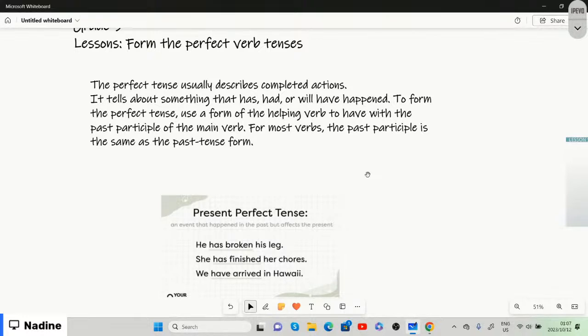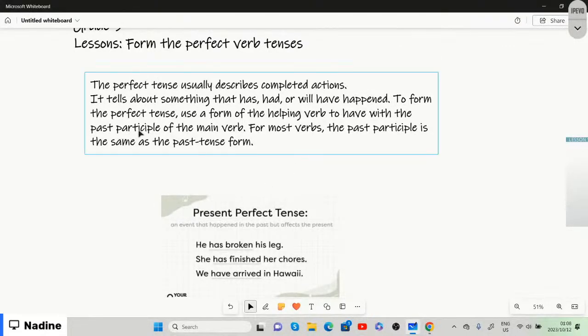And when you hear words like has, had, or will have happened, then definitely it tells us about either the present, past, or future, right? That is basically what it is telling us: we are going to be finding out more about the present, things happening in the past, and things that will happen in the future.